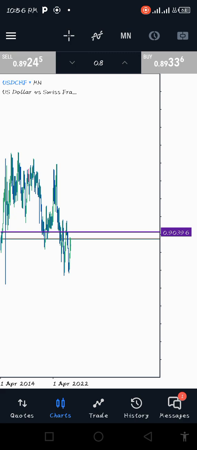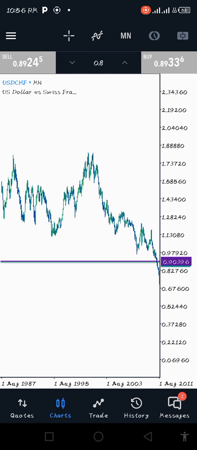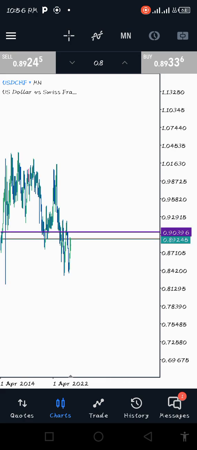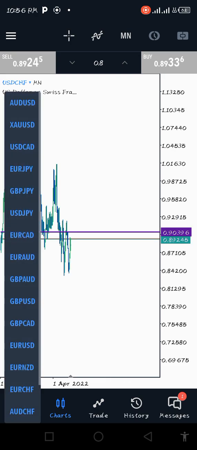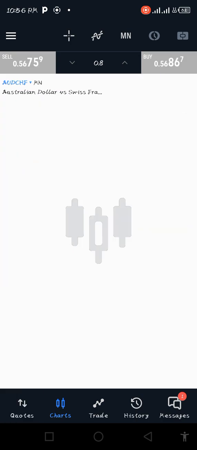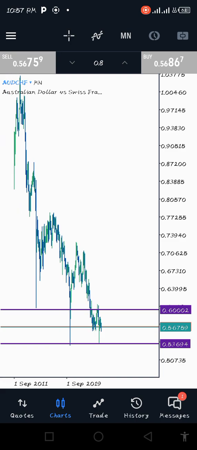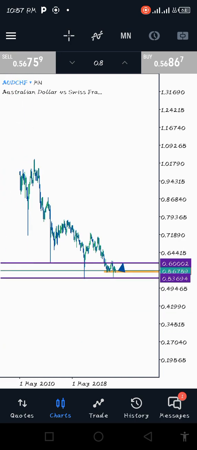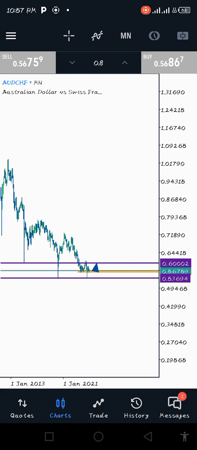So on the monthly time frame, you can see how clear those movements are compared to a pair like AUD Swiss franc. It's a little bit more confusing because of those wicks.